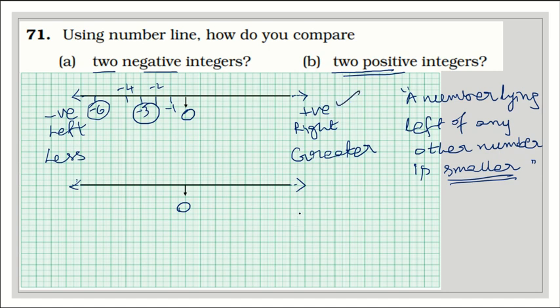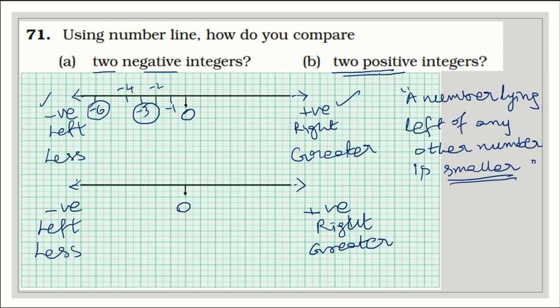Same concept of positive side and negative side, where the negative side is the left side of 0 and the positive side is the right side of 0. Similarly, the number lying on the left is less, and the number lying on the right of the other number is greater.